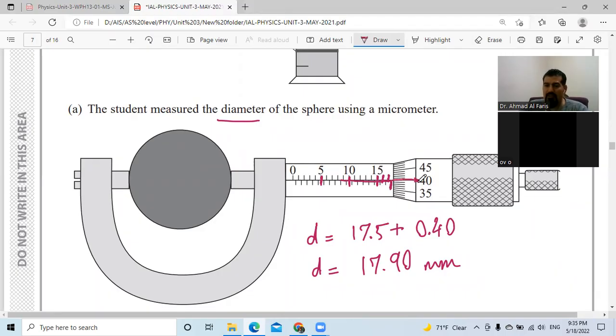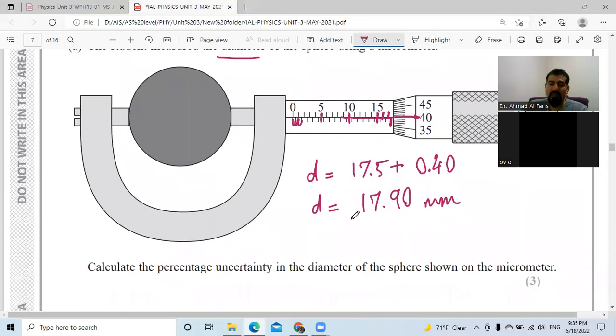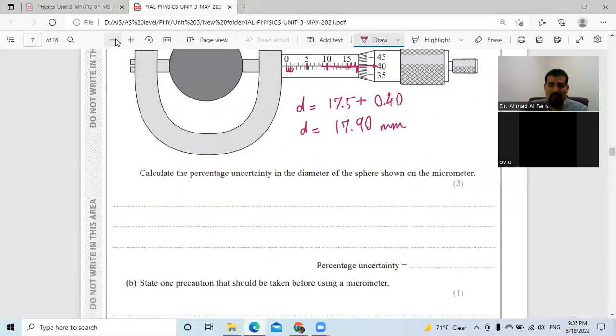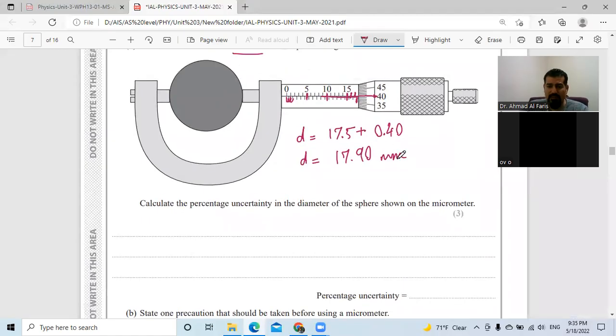This is 40, 40 divided by 100, because every one complete revolution is half a millimeter. So 2 complete revolutions is 1 complete millimeter. That's why we divide by 100. Good. So this is the diameter, 17.90 millimeter, at the dimensions they give to us.